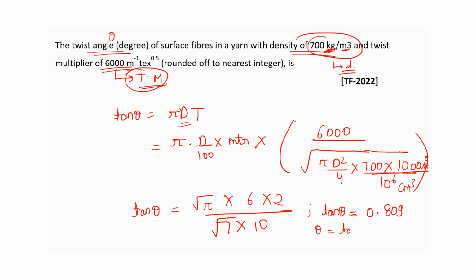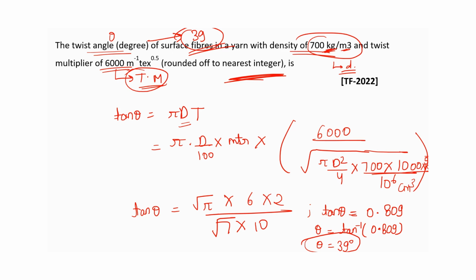Theta will be tan inverse of 0.809. If you find the tan inverse of 0.809 using the calculator that is given in the GATE examination, it will come out to be around 39 degree. So the twist angle would be 39 to the nearest integer. Just read the instruction very carefully: rounded off to nearest integer, or one digit decimal, or two digit decimal. All these things need to be taken very special care.